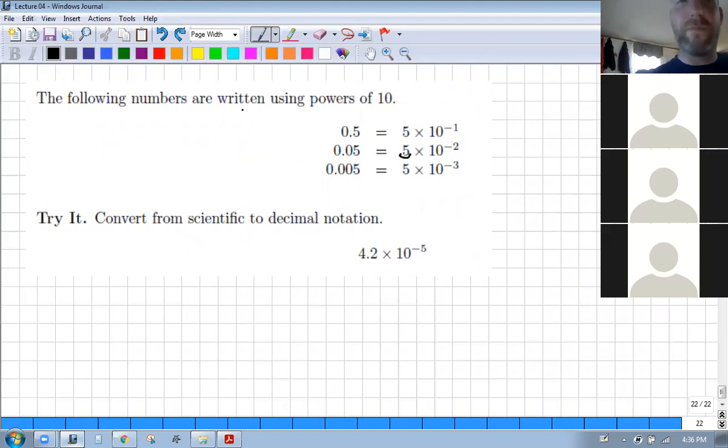Boom, boom. And the next one says move it 3 times. So it starts here 1, 2, 3. So notice these are small numbers. 10 to the negative, dividing by 10 gives you small numbers. So this guy says move the decimal to the left 5 times. 1, 2, 3, 4, 5.